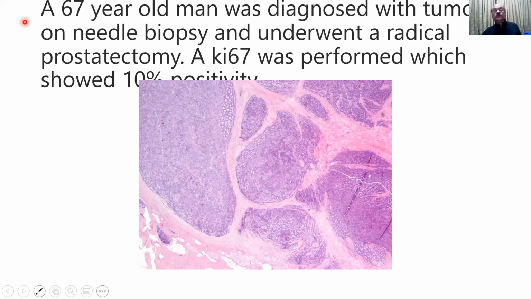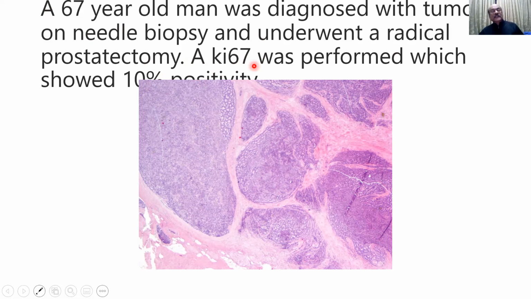Our next case, a 67-year-old man was diagnosed with tumor on needle biopsy and underwent a radical prostatectomy.